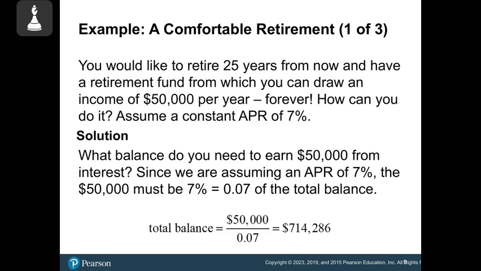Well, if we know that we want $50,000 and our APR is 7%, our total balance would have to equal 50,000 divided by 7%, or 0.07. And that gives me $714,286.